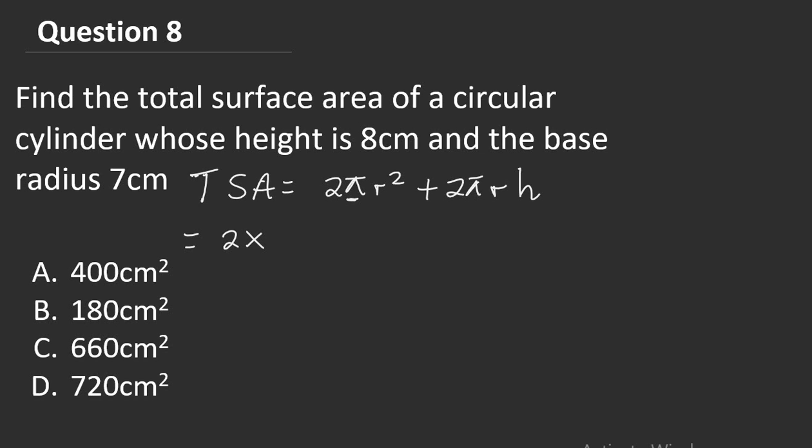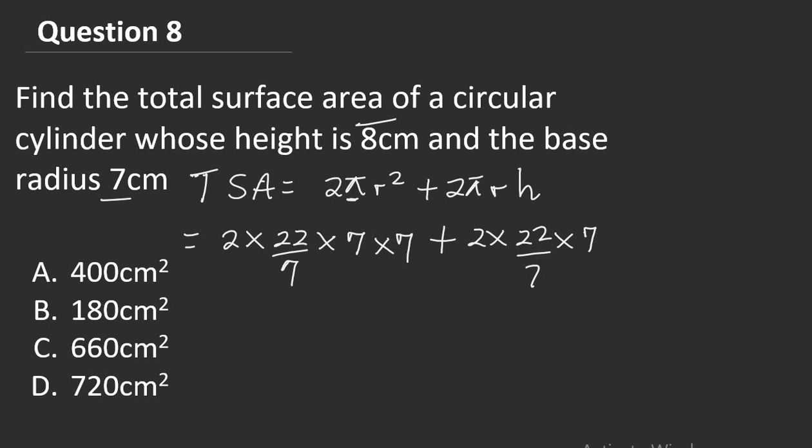So 2 times pi, a mathematical constant that stands for 22/7, times the radius. Radius is 7, and 7 square means 7 times 7, plus 2 times pi, which is 22/7, times radius, which is 7, and the height here is 8. We multiply by 8. 7 here cancels this 7.